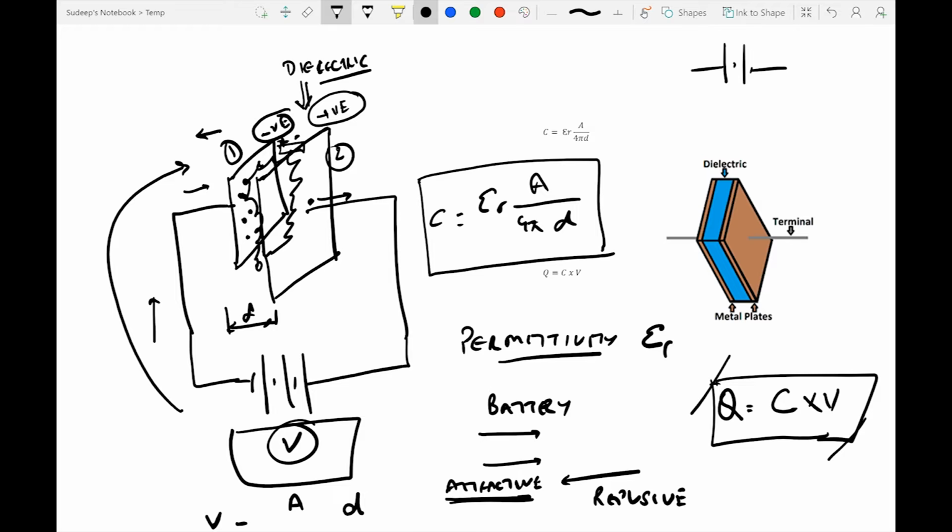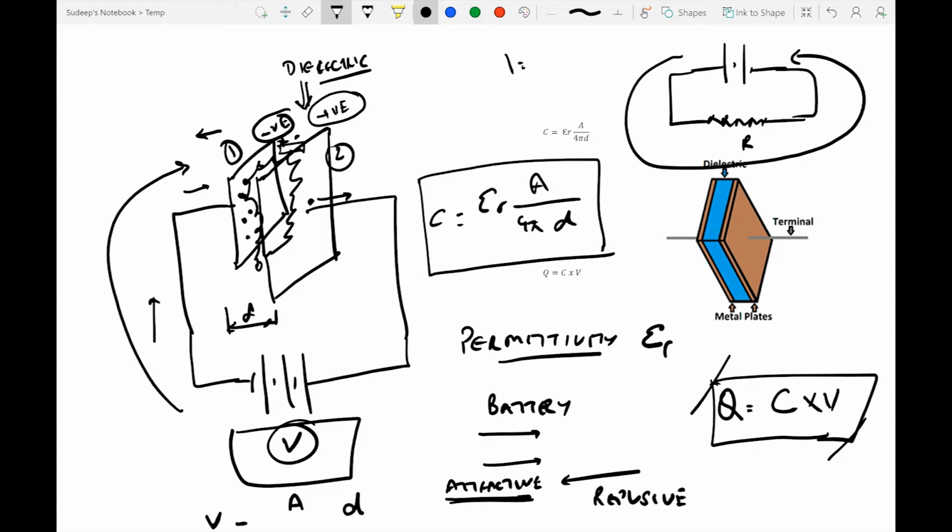The reason is every battery by itself has some amount of resistance that it provides to the flow of current. So let's say in this case, if I add a resistor over here, R, practically speaking, the current would flow from positive to negative, and the current I that we know would be I is equal to V by R. That is what we had talked about in Ohm's law.